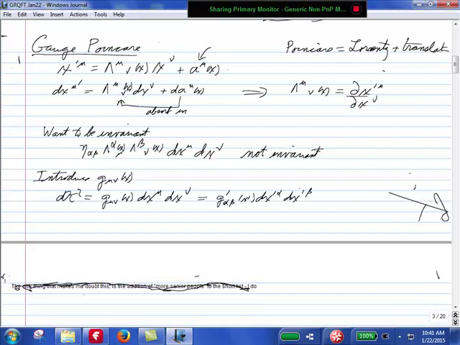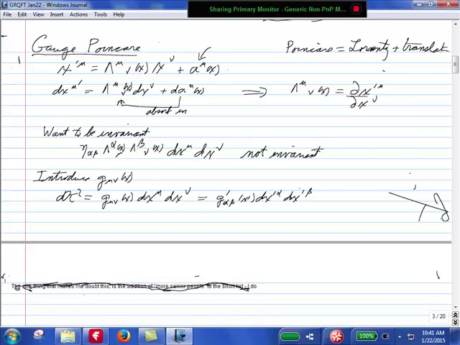And if I transform the derivatives this way, and the metric the way I had it on the previous board, then I get an invariant. Okay. So that's an invariant.